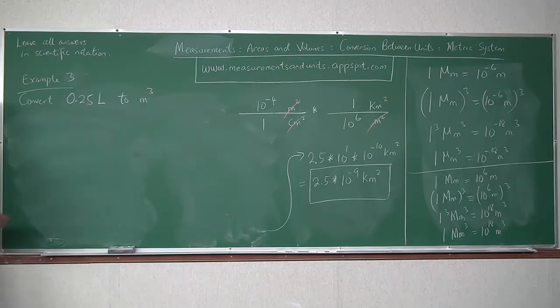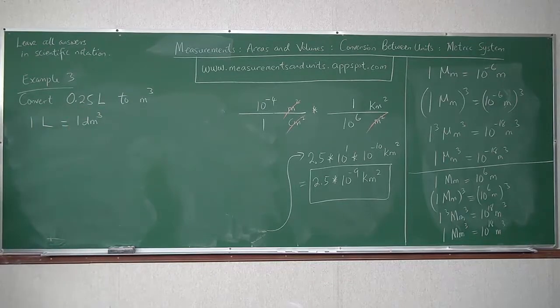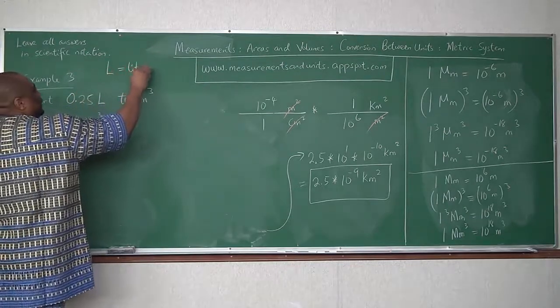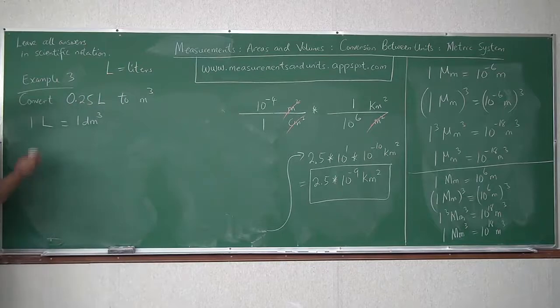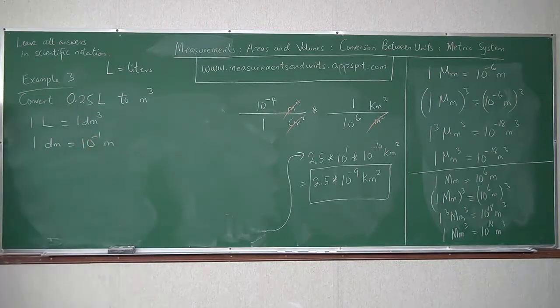Okay, so 1 liter is 1 dm cube. That is what we mean. 1 liter means 1 dm cube. Liters, L is uppercase L. So first of all, 1 decimeter: 1 deci is 10 to the negative 1 meters.